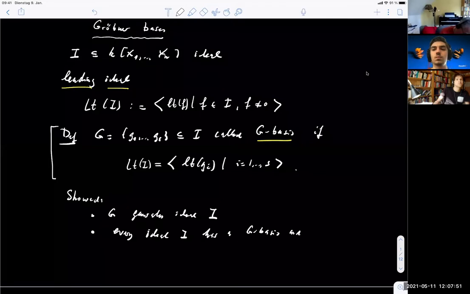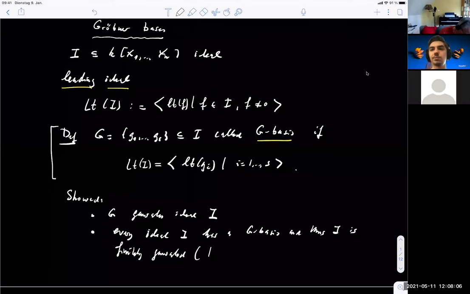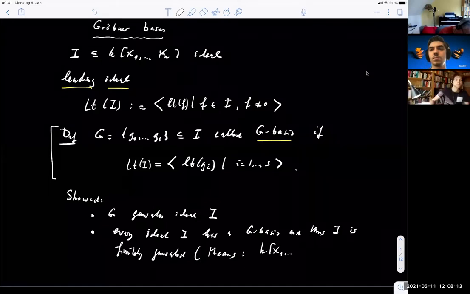And thus I is finitely generated. So this is usually expressed by saying that the polynomial ring is a Noetherian ring.